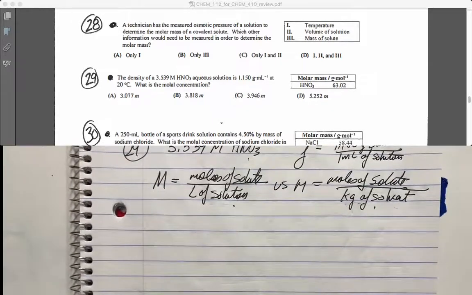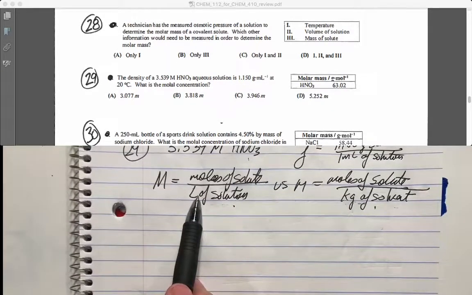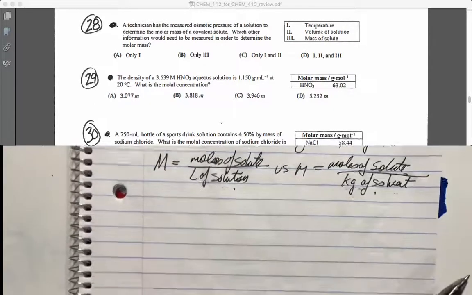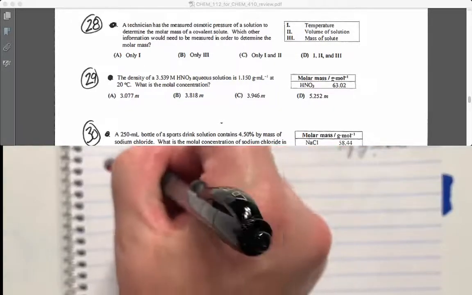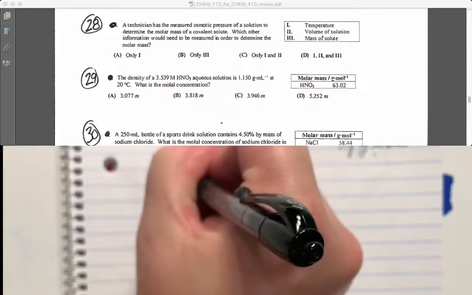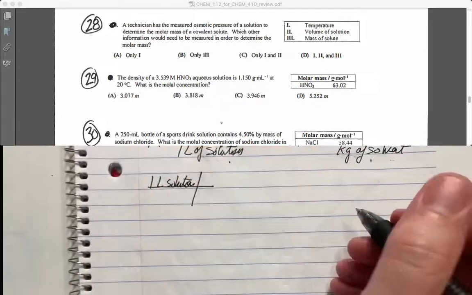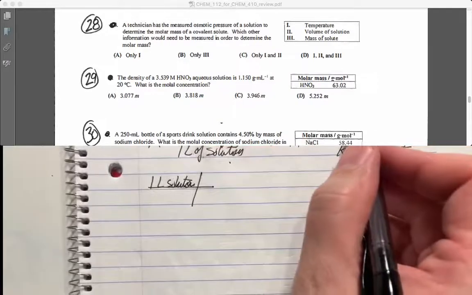And so what's nice about that is we've got liters of solution. We can turn that into a mass of the solution. Okay, so I know that 1 liter of solution, and don't let this blow your mind, but a gram per milliliter is the same as a kilogram per liter.